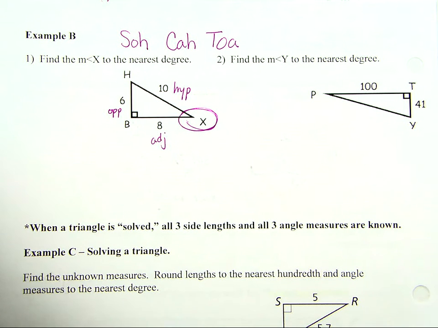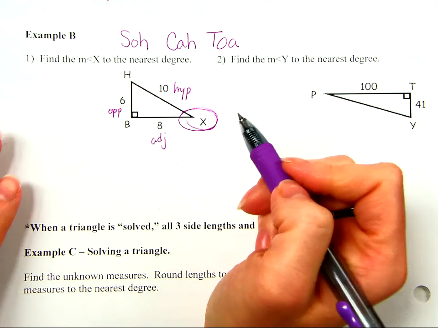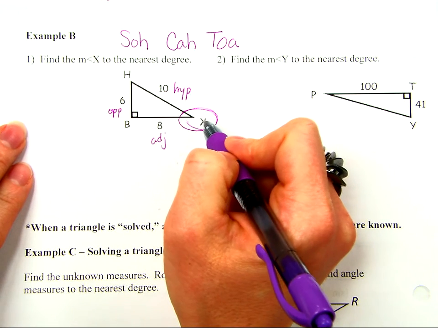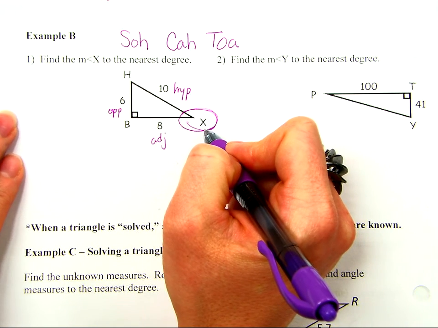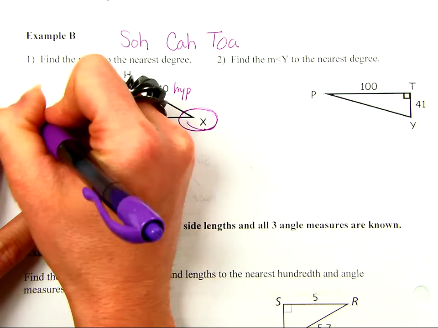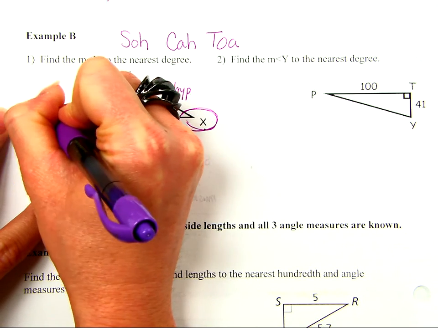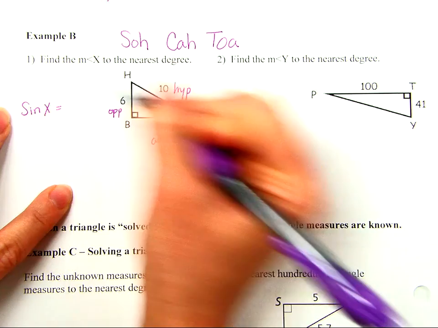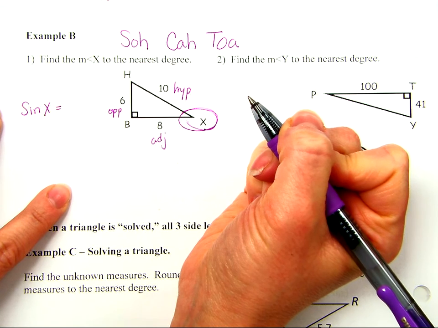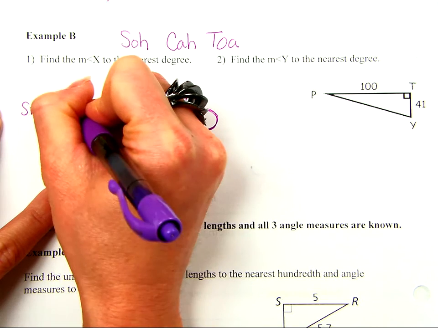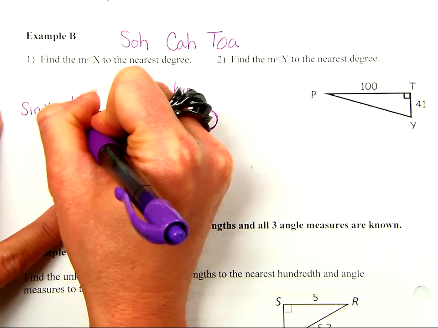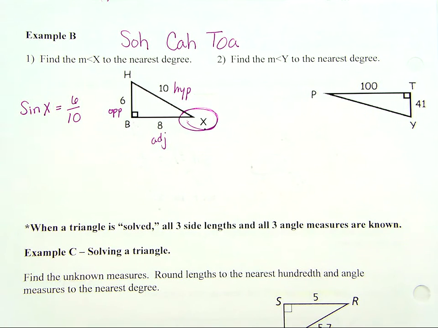Let's go ahead and take a look at using the sine function, or the sine ratio. We don't know our angle, so when I set this up, my sine of angle x is going to be equal to opposite over hypotenuse, as so.